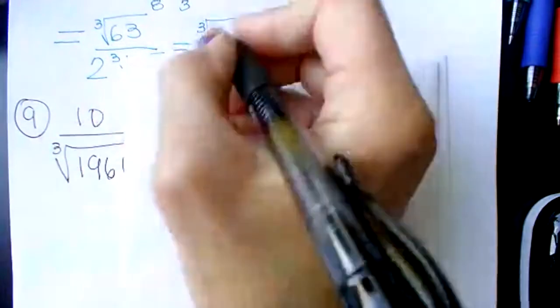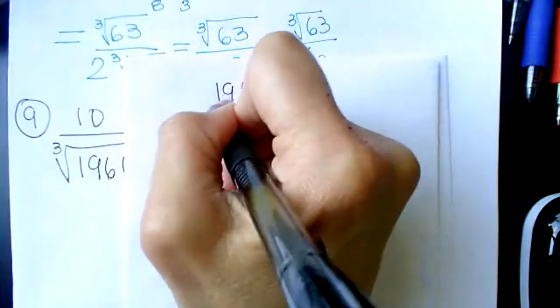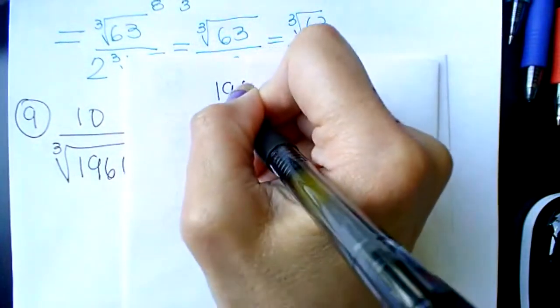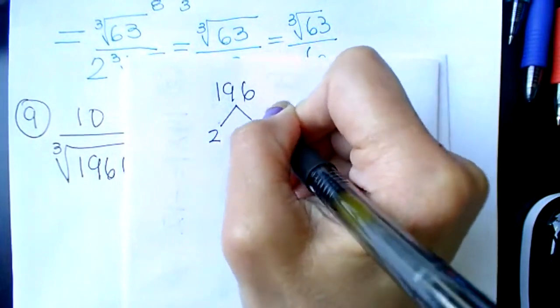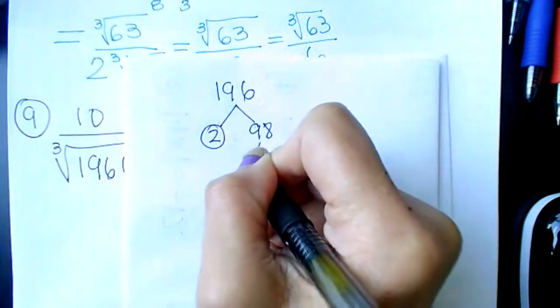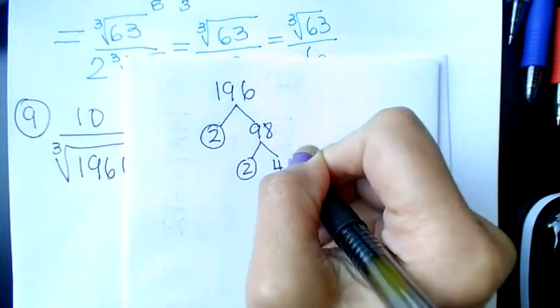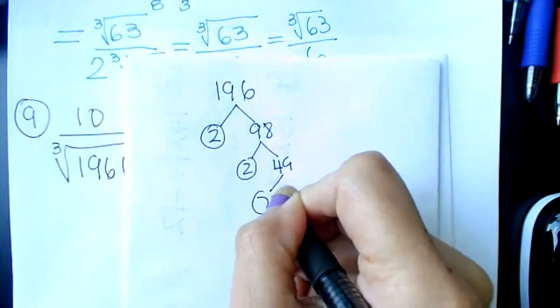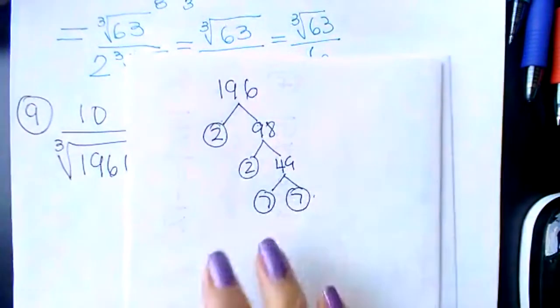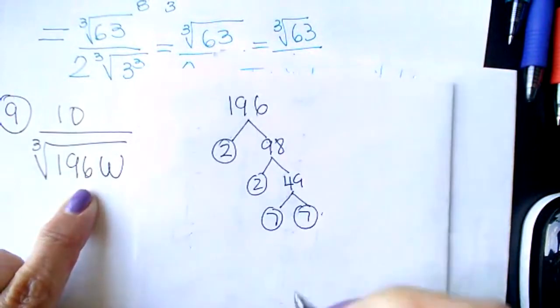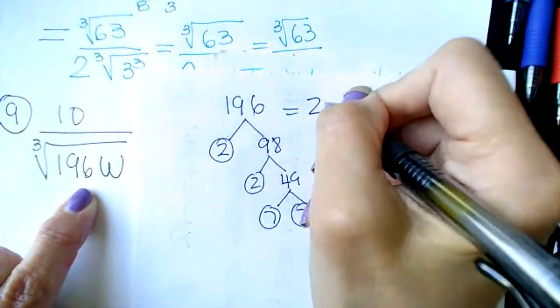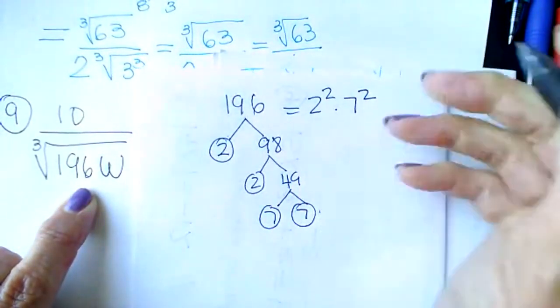I'm going to do my 3 method. Divided by 2 is what? 98. Divided by 2 is 49. Now 7 times 7. So I see that what I have here is 2 to the second power times 7 to the second power, right?